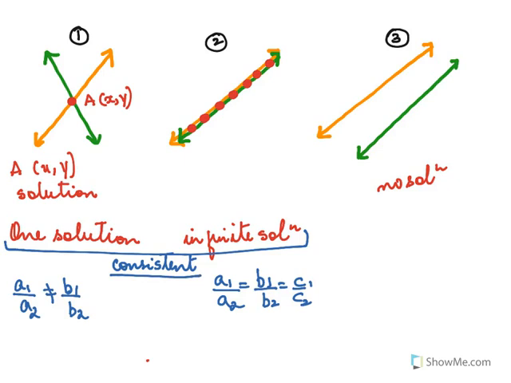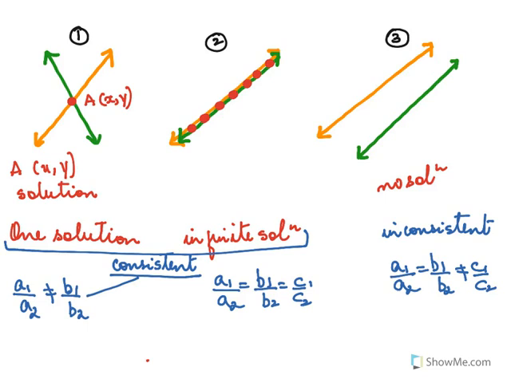And if there is no solution, we say the lines are inconsistent. And when do we get no solutions? A1 over A2 equals B1 over B2 not equal to C1 over C2. So with this in mind, let us do the next sum. I repeat again, consistent means two cases, either one solution or infinite solutions. Inconsistent means this one case: A1 over A2 equal to B1 by B2 not equal to C1 by C2.